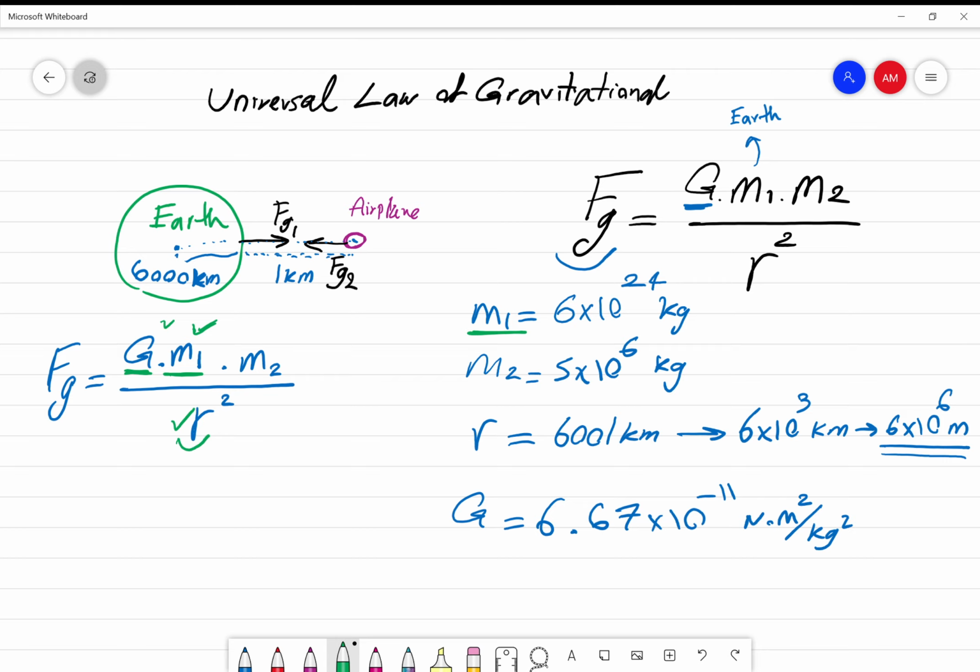Also, R doesn't change. Now I know that R is 6,001 kilometer here. But the distance between the Earth's surface to the object compared to the radius of Earth is very low. Now, what is the radius of Earth? 6,000 kilometers. So now, what would you think the distance between Earth and you is?